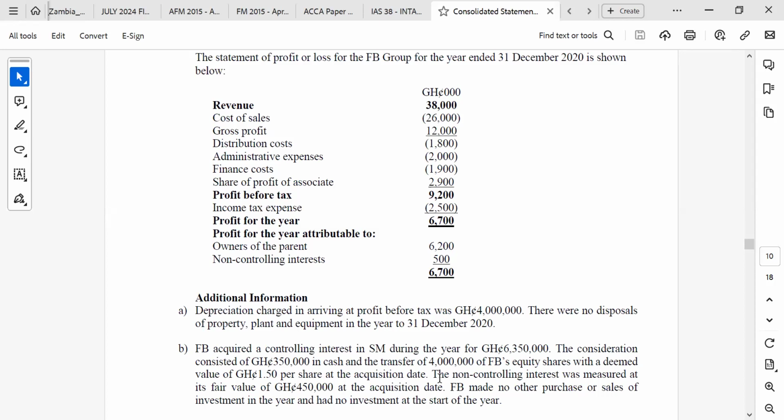So what is our profit before tax or the profit immediately after the share of associate profits? How much is that? Sir, 9,200. Okay. Sir, we have 9,000.